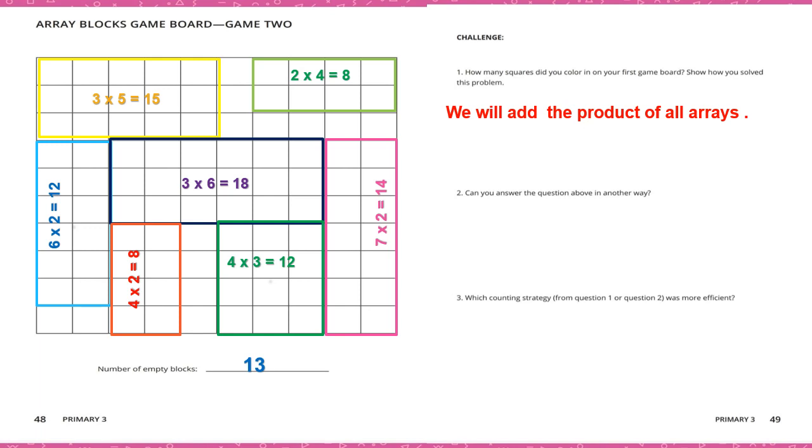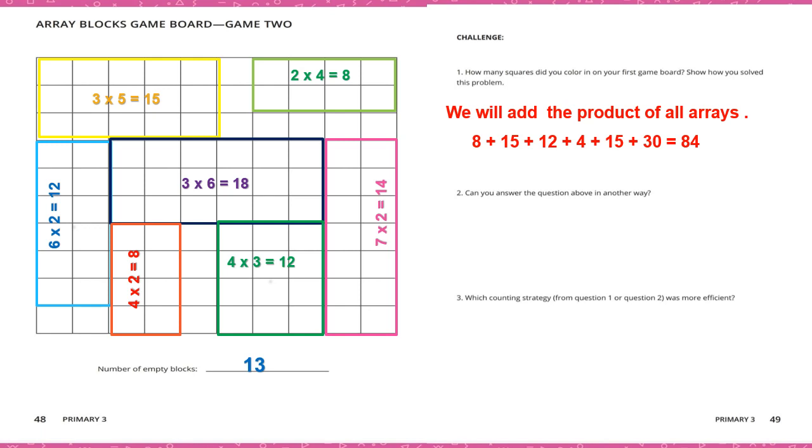If we have 3 times 5 equals 15, it means the total number in this array is 15. If I want to know the total number of all arrays, I will add the products in the first game. So 8 plus 15 plus 12 plus 4 plus 15 plus 30 equals 84.